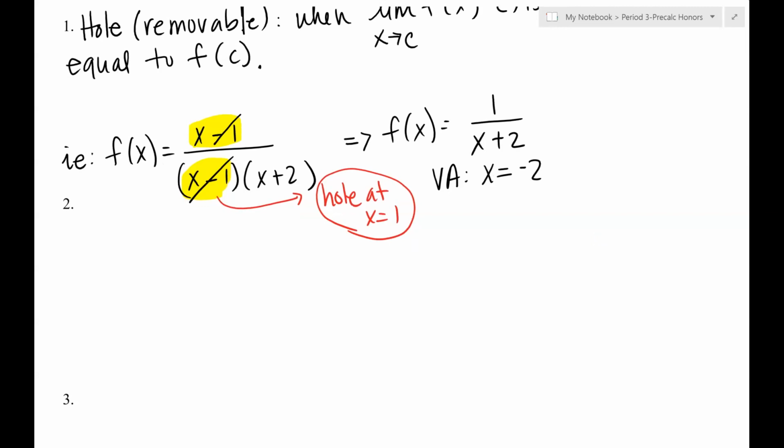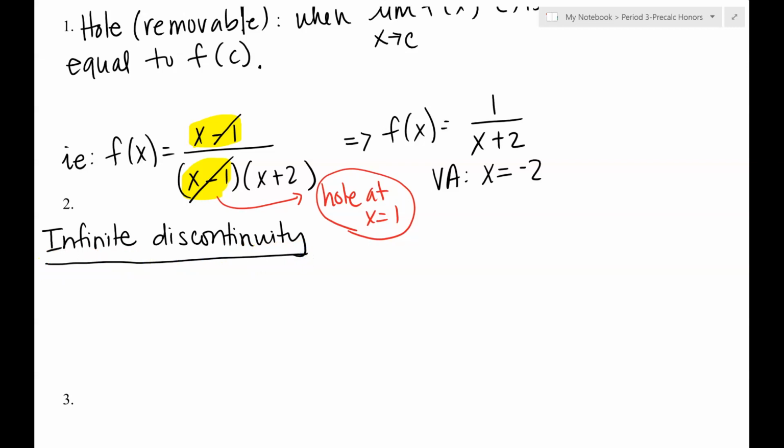Number 2, it's infinite discontinuity. So infinite discontinuity is not removable, okay? So this is not removable.